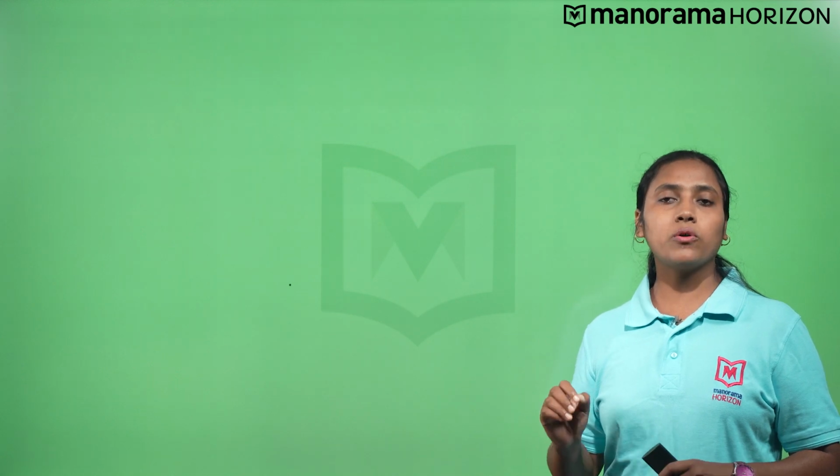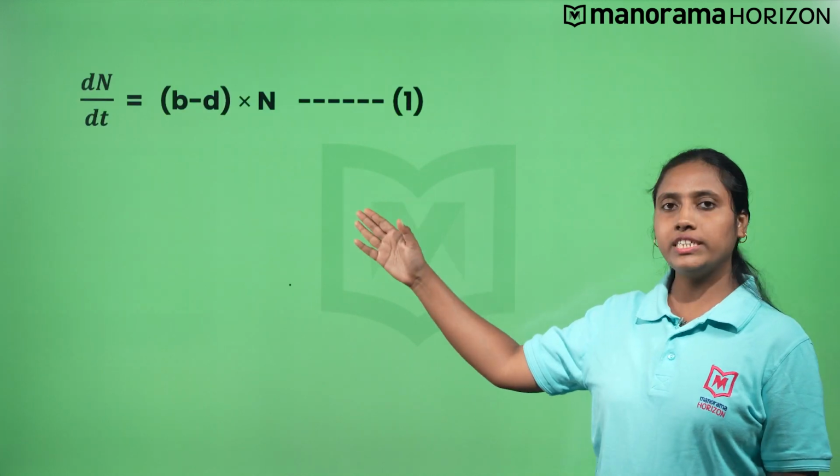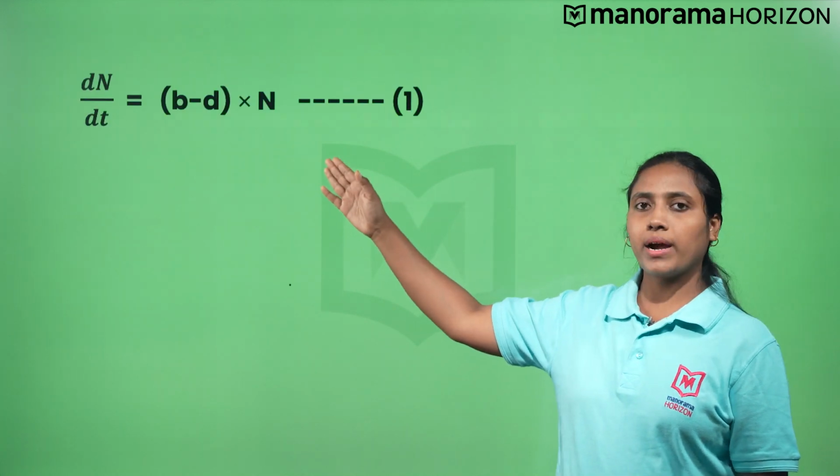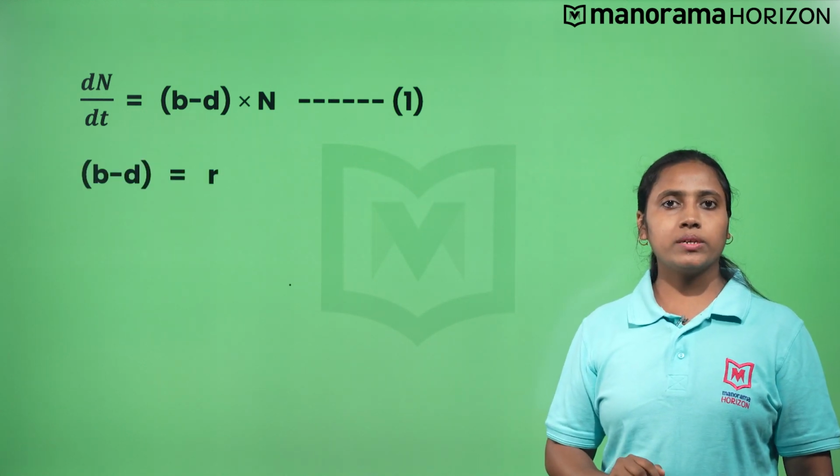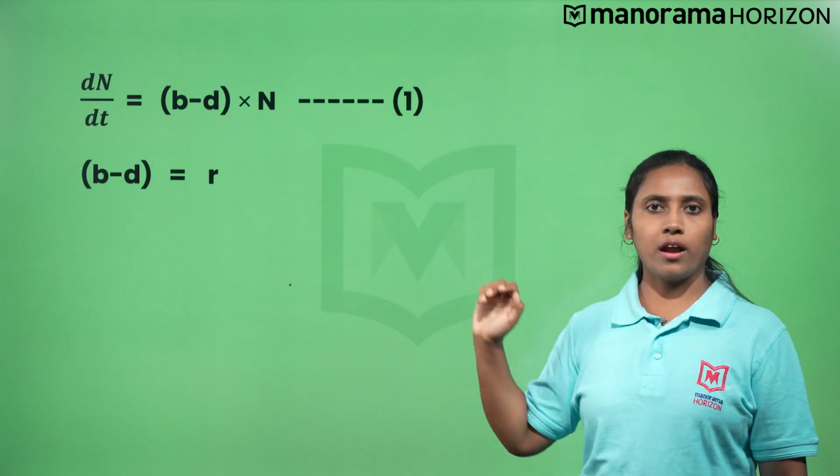If the population size is represented as N, per capita birth rate as b, and per capita death rate as d, then the increase or decrease in N during a unit time period t will be dN/dt = (b - d) × N. Let b - d be r.